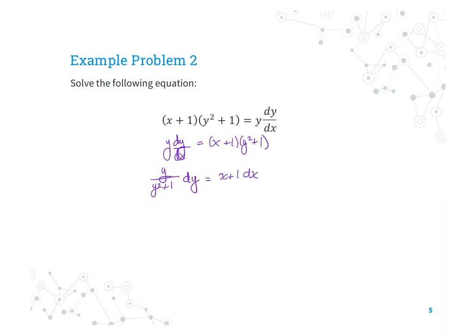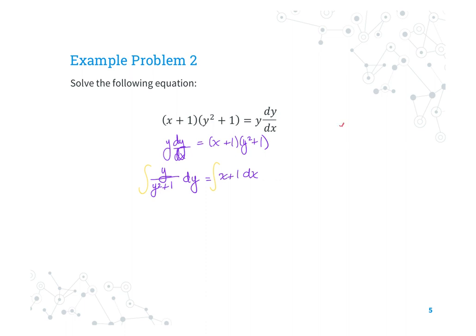What's really cool here is that when we integrate, the left is going to take a little bit more work than the right. On the left, we have y over y squared plus 1. If you need to use u substitution here, you can.